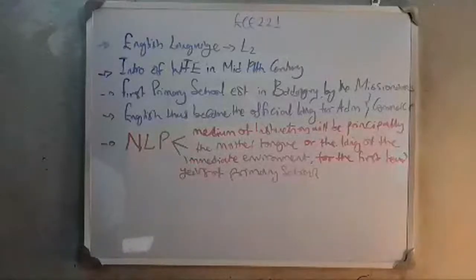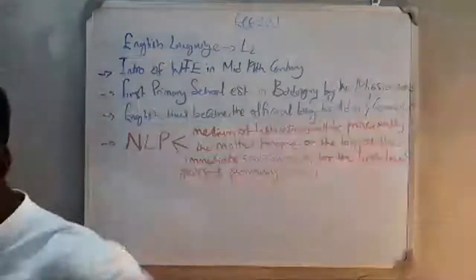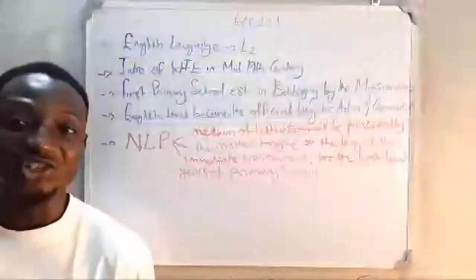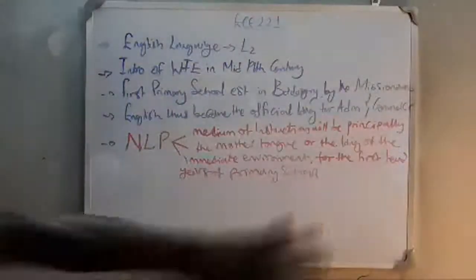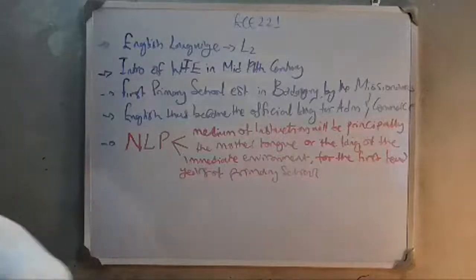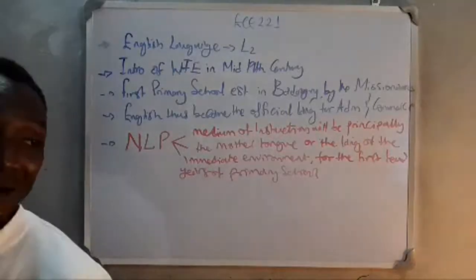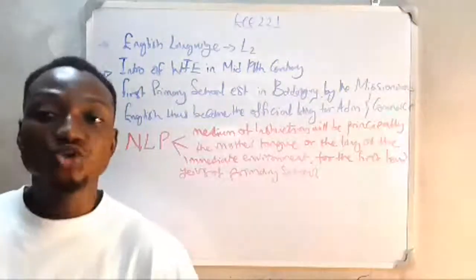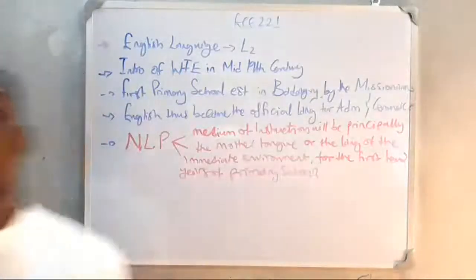of instruction will be principally, according to educational standard here in Nigeria, and I believe it's so in other countries too, though I stand to be corrected, that the very first few years of a child, a child should be spoken to, instructed, and educated in his or her mother tongue.